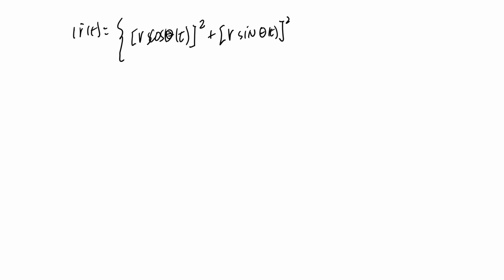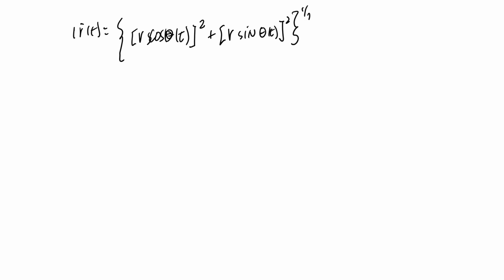Now we know the magnitude of r of t is just going to be equal to, when we take the magnitude of the vector, we square the components and take the square root. So that's the square root of r cosine theta of t, quantity squared, plus r sine theta of t, quantity squared.